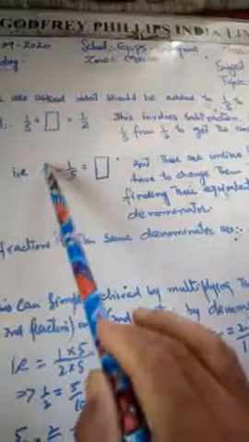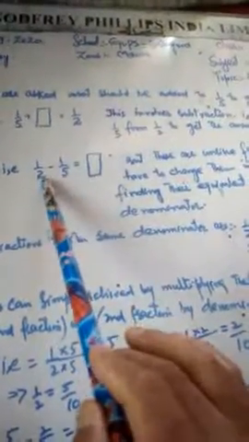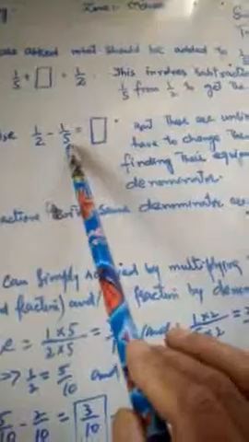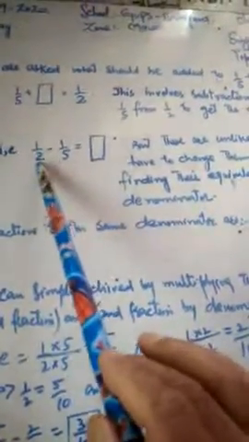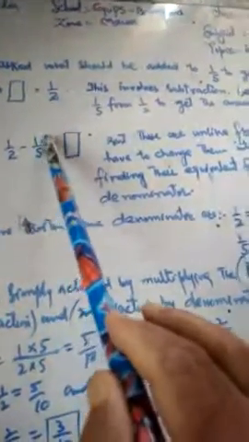That means 1 by 2 is multiplied by 5 by 5, and the second fraction is multiplied by the denominator of the first fraction, that is 1 into 2 over 5 into 2.